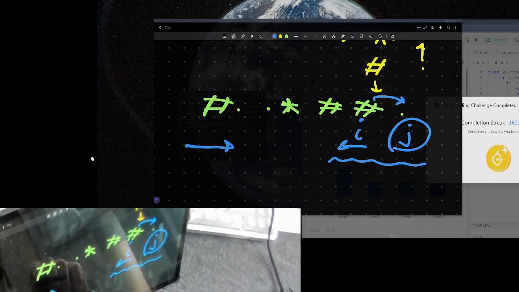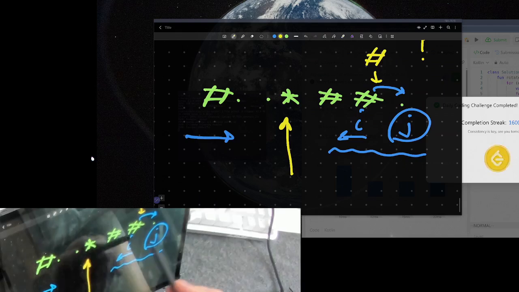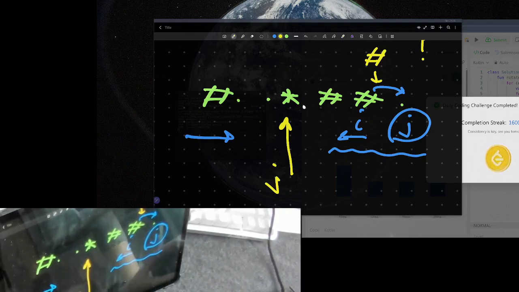You have to be careful. You have to keep the picture in your mind. If you meet this star, you should shift or move your empty position pointer to the next place. So let's look at the code.